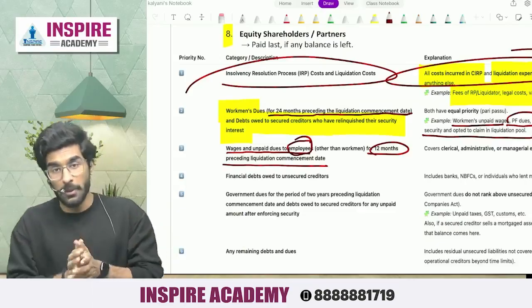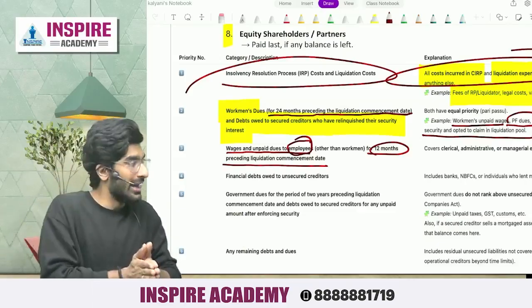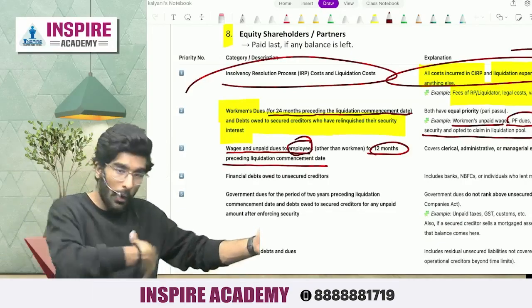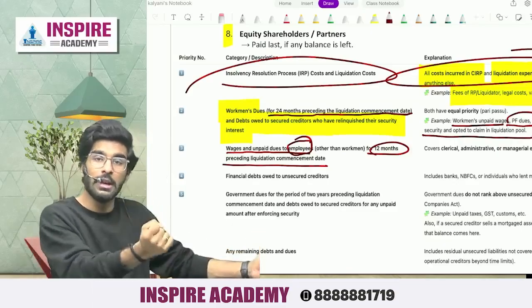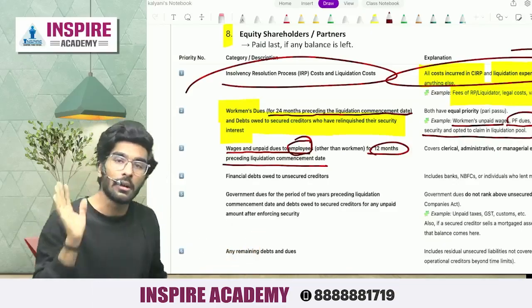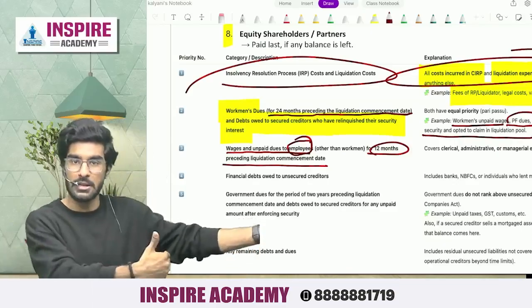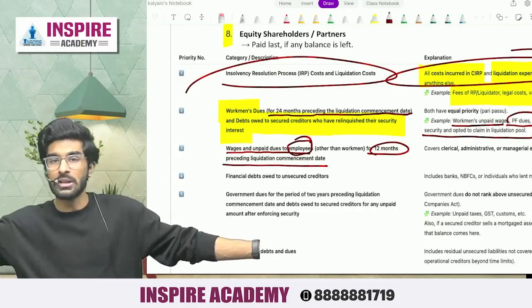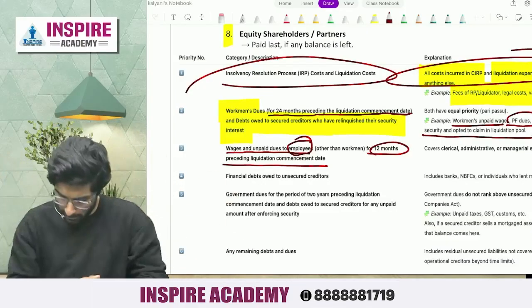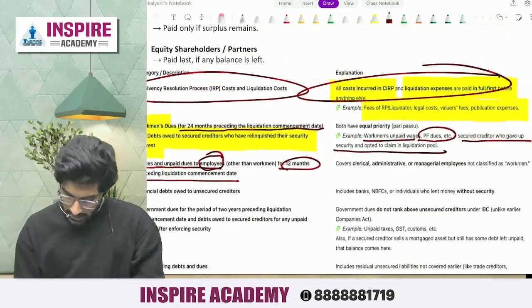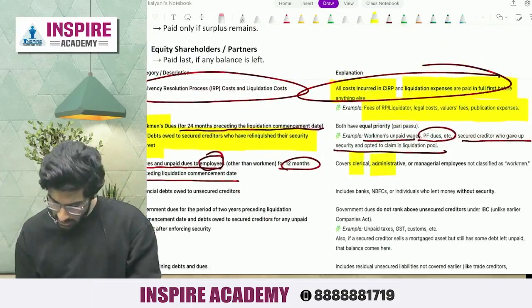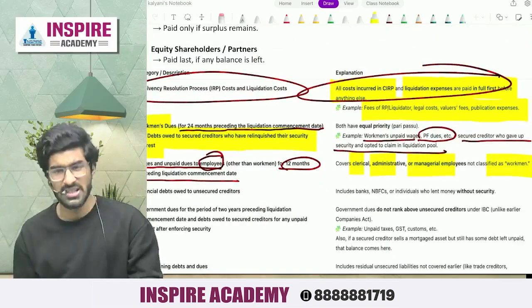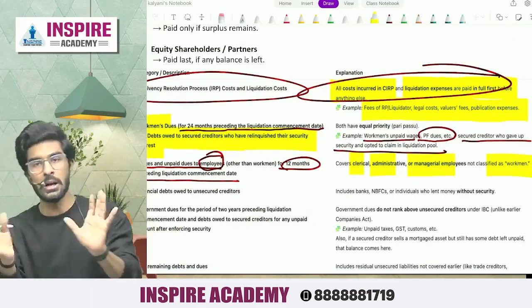So what is the period, people? 12 months before the liquidation commencement date, whatever money is supposed to be payable, they should be given priority after workmen's dues and secured creditors who have relinquished the security interest. Yes or no, people? Perfect. Example is it covers clerical, administrative, managerial employees not classified as workmen. Other than workmen will come under employees.